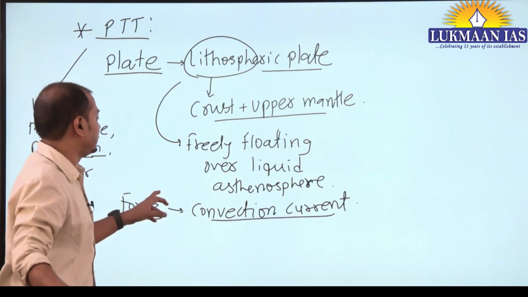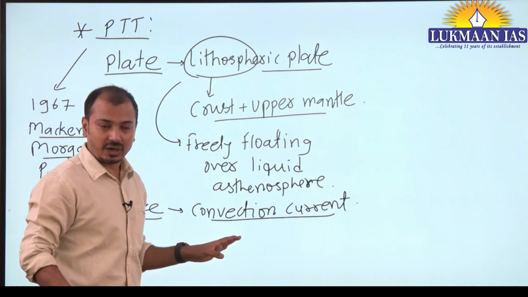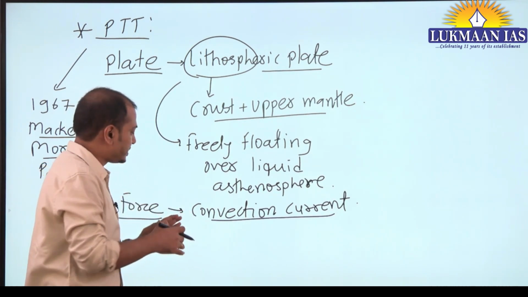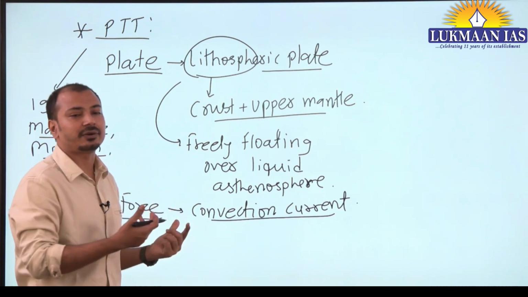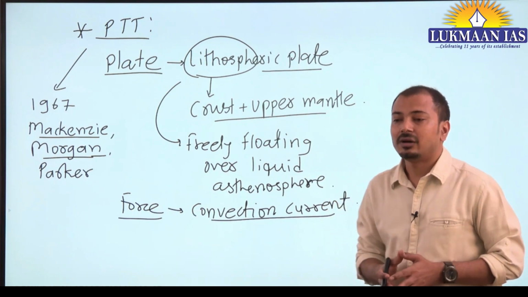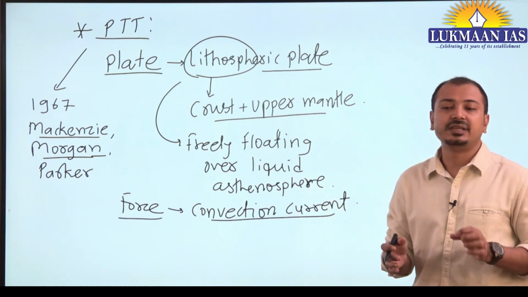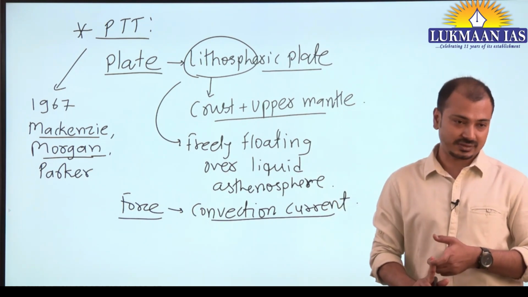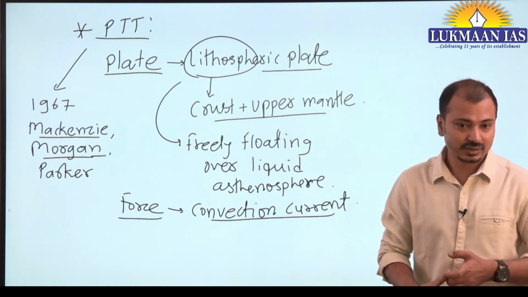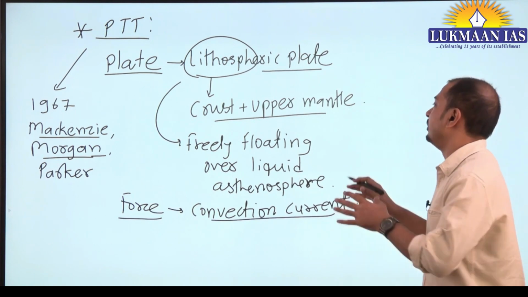This force is adequate now. Along with that, the formation of mountains is explained by the plate tectonic theory in a very elaborate manner, and the explanation relates to all types of mountains, be it fold mountains, fault mountains, or volcanic mountains. This is important.